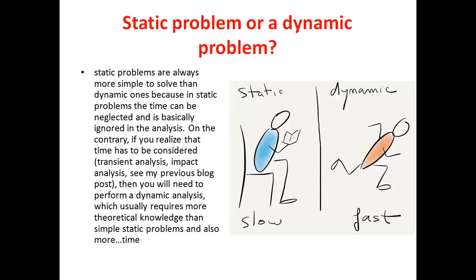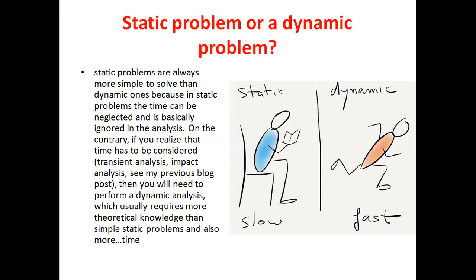Okay. Next one is static problem or dynamic problem. A static problem means there is a very simple solution you get. If you go for the dynamic problem, there will be time consideration, and the surrounding or the system in that problem may change depending on time, and it is difficult to get the solution in a dynamic problem.